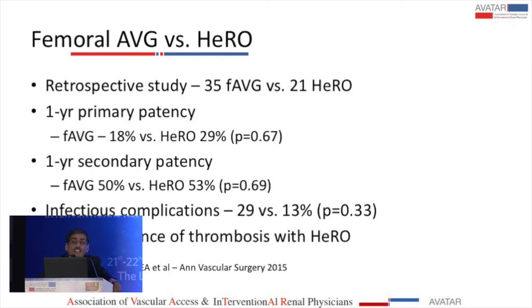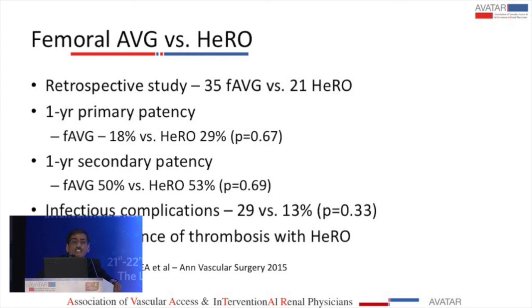Another thought that has been looked into is, should one consider a HeRO device before considering a thigh graft or a femoral AV graft? And this was a retrospective study that compared 35 femoral AV grafts to 21 HeRO catheters. And as you can see, the primary patency rate and the secondary patency rate were statistically not significant between the two groups. So femoral AV grafts and the HeRO device both had fairly identical patency rates, fairly identical infectious complications.